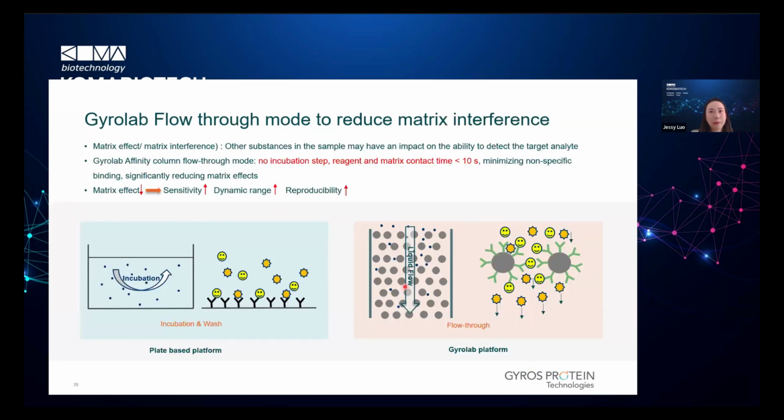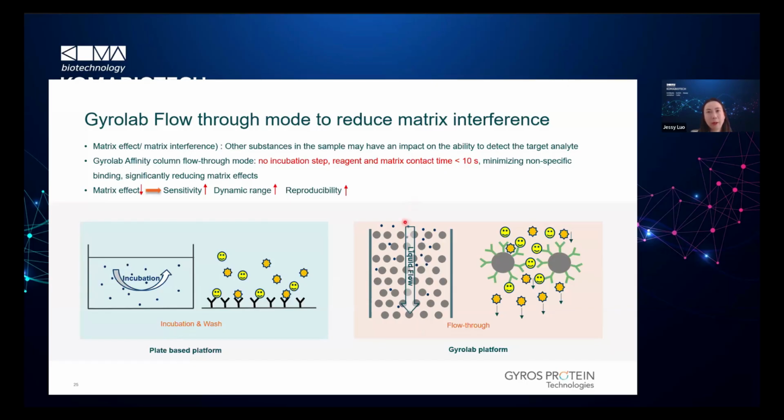And then this is a very special benefit that we have comparing with other platforms, which is reducing the matrix effect. Why is it? Because if you see from the video, all the flow is coming through the column, I mean the affinity column.